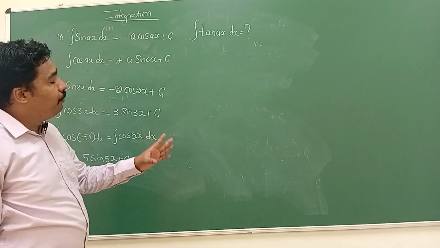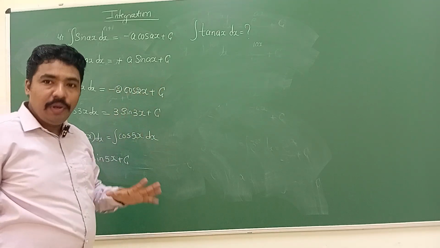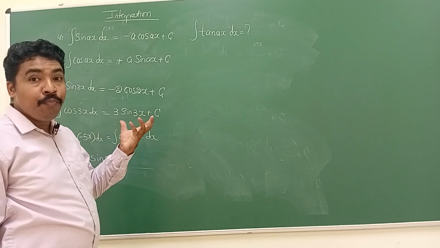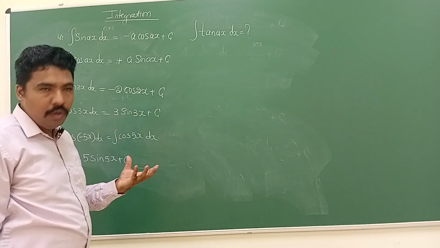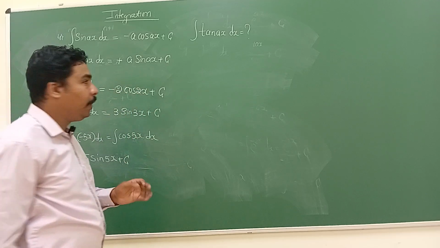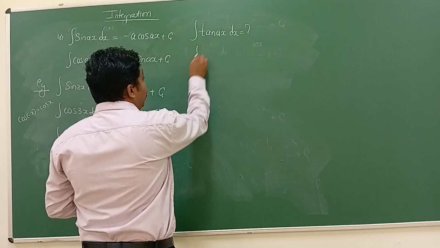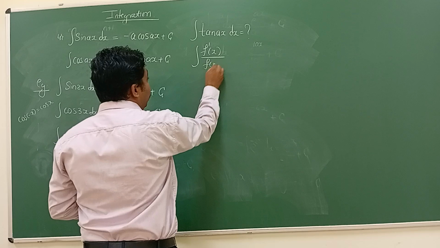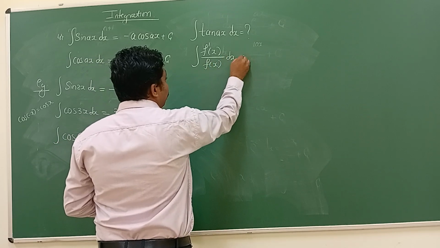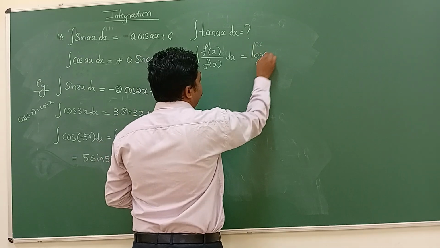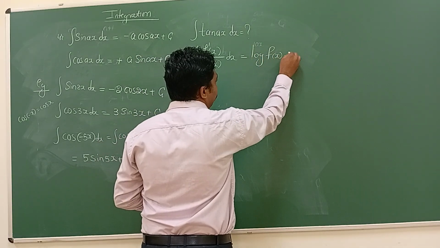Without writing it directly, I'll explain how to get it from the problem if you are not able to remember the formula. We know one property in integration. If the derivative of the denominator comes in the numerator, then the answer will be log of the denominator, that is log of f of x plus c.